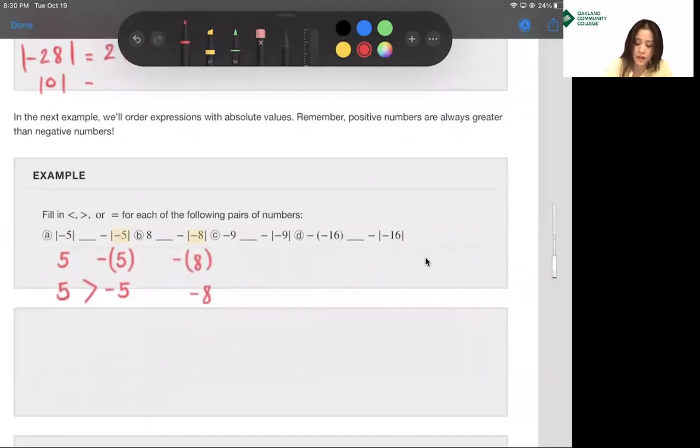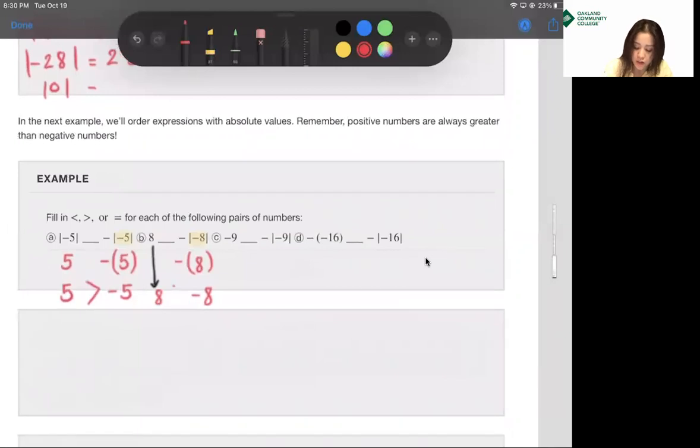Bring this 8 down here. So that's just 8. Compare 8 and -8. I know that 8 is greater than -8. Let me box my answer.